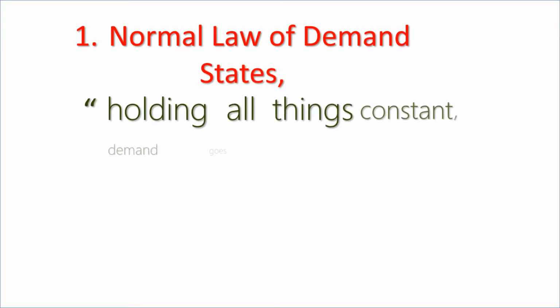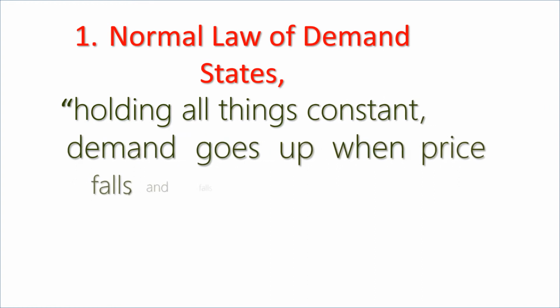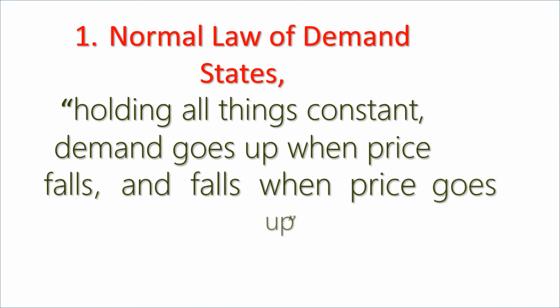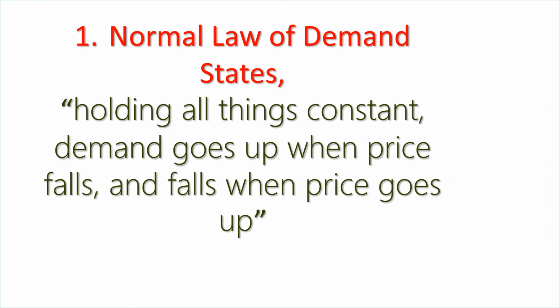So the normal law of demand states, holding all things constant, demand goes up when price falls and falls when price goes up. So that means that when demand goes up, price falls. When price goes up, what happens?